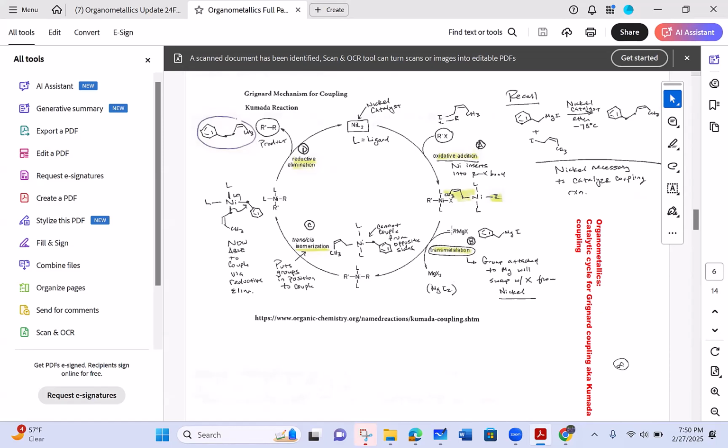But this would probably be more like a matching problem as opposed to me asking you to write out the mechanism for this. But the mechanism for carbonyl addition, that's pretty straightforward. So that may be a propose-a-mechanism type question.